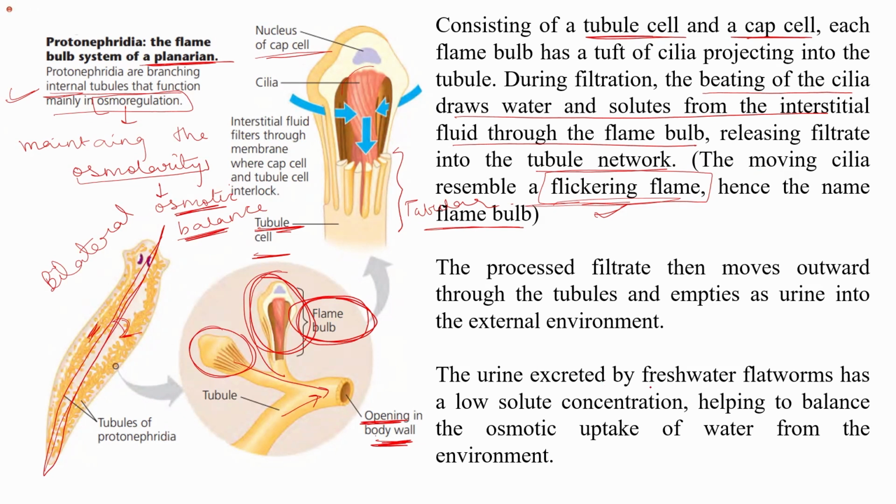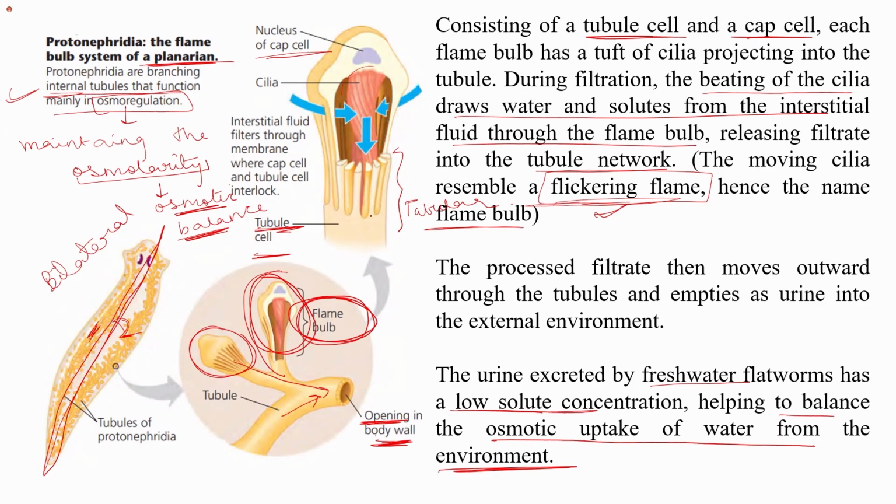The urine excreted by freshwater flatworms has a low solute concentration, and therefore this helps in maintaining the osmotic balance, offsetting the osmotic uptake of water from the environment. Right?